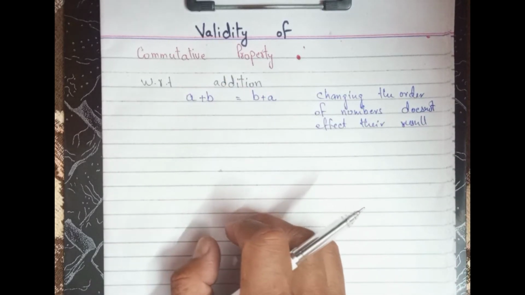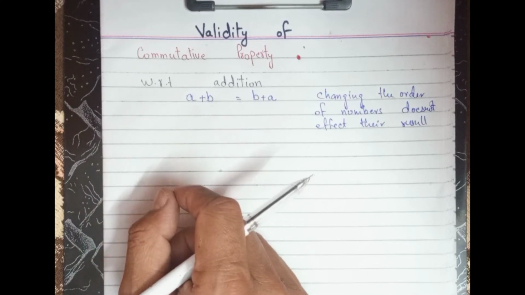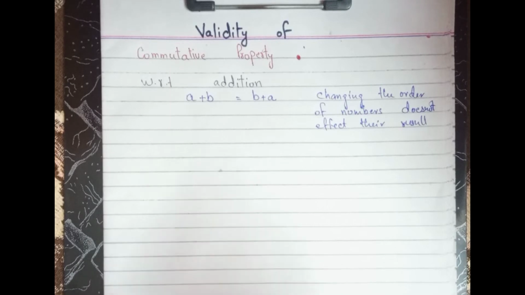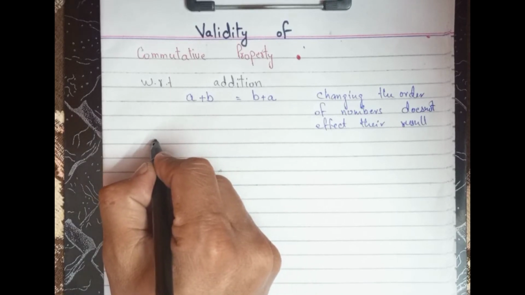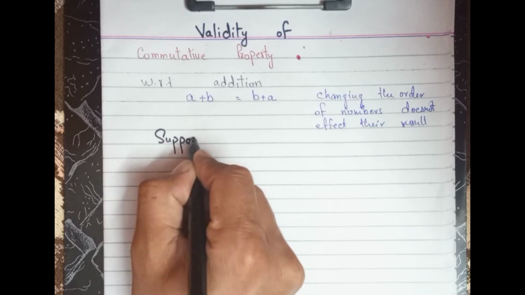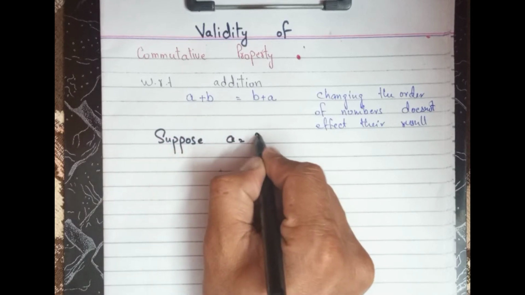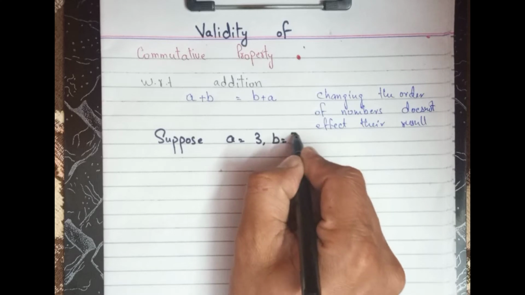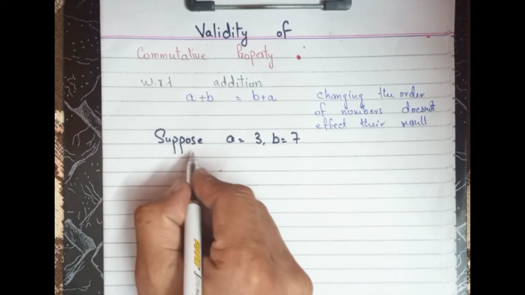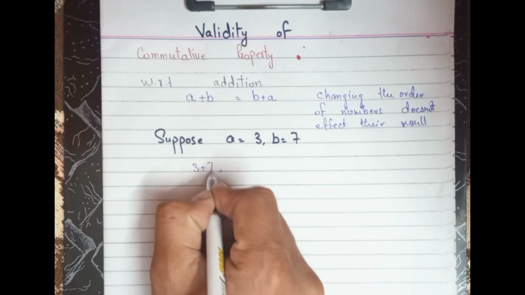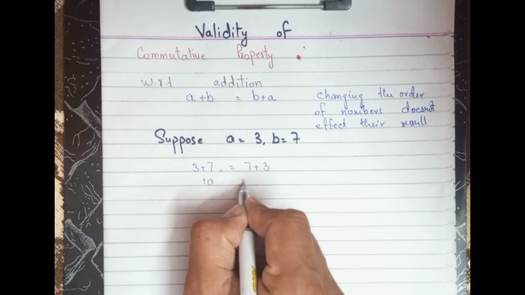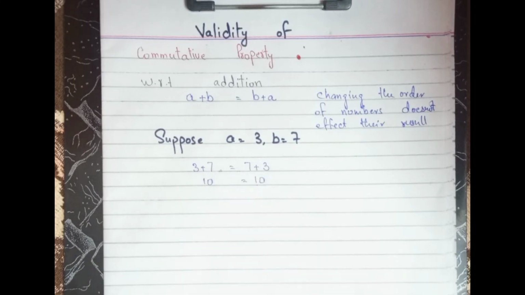Now, we'll prove it with some example. Let's take two numbers. Suppose we have A is equal to 3 and B is equal to 7. Thus, 3 plus 7 must be equal to 7 plus 3, or 10 is equal to 10, which is true.